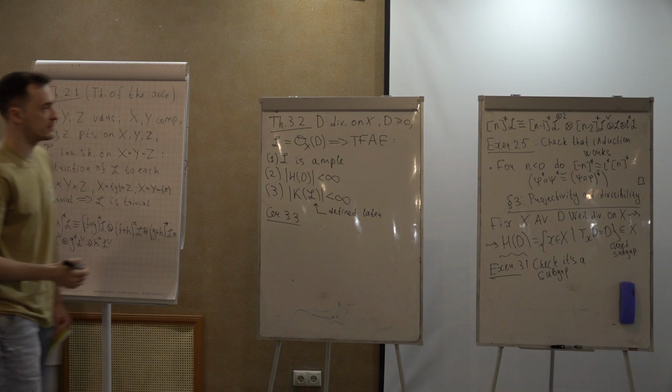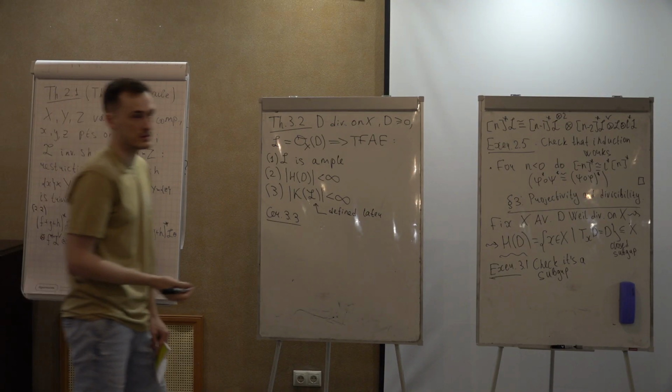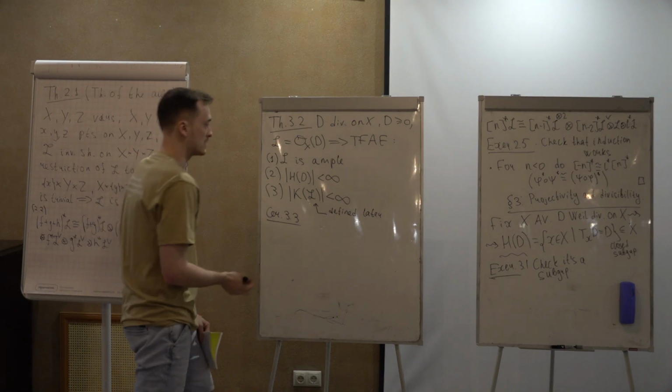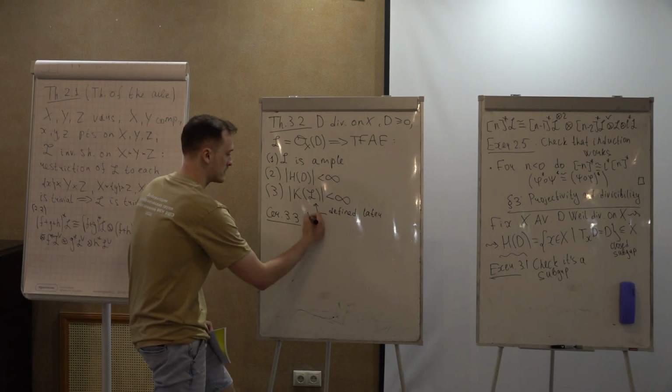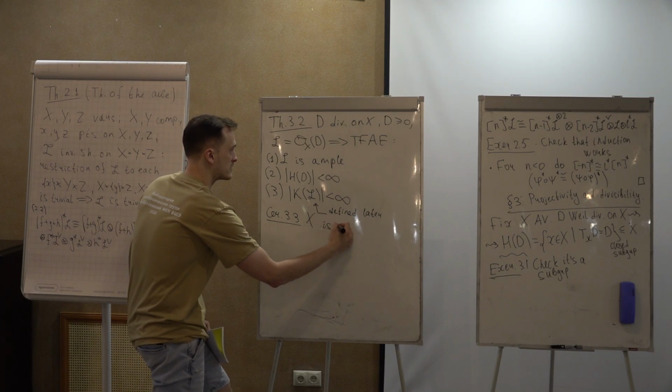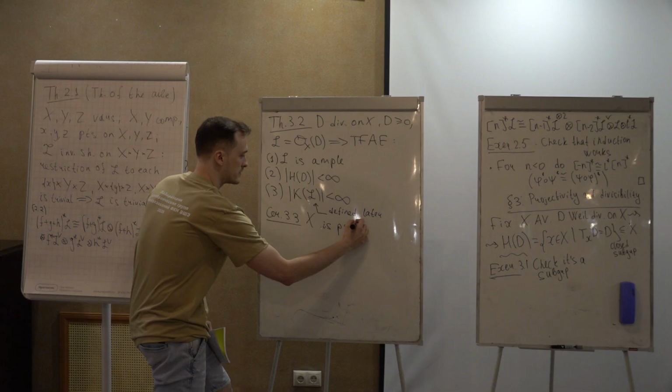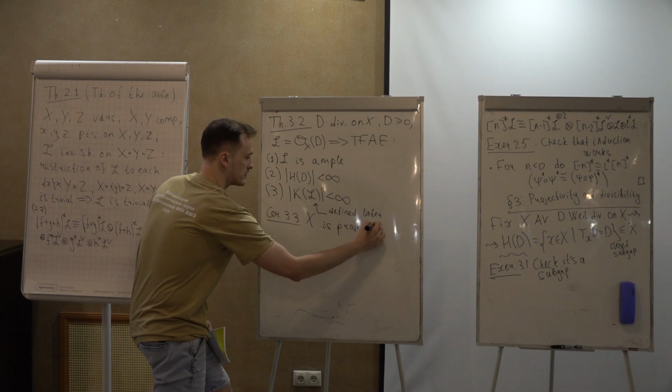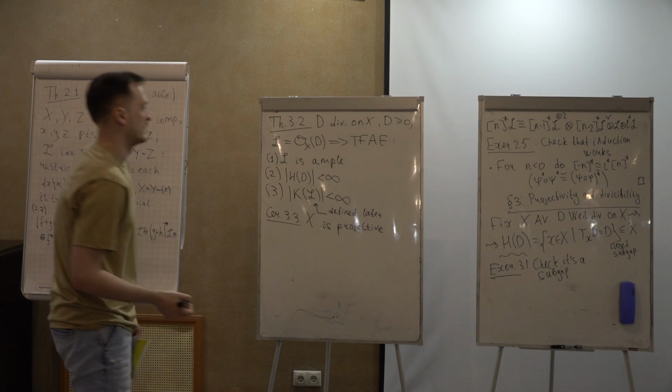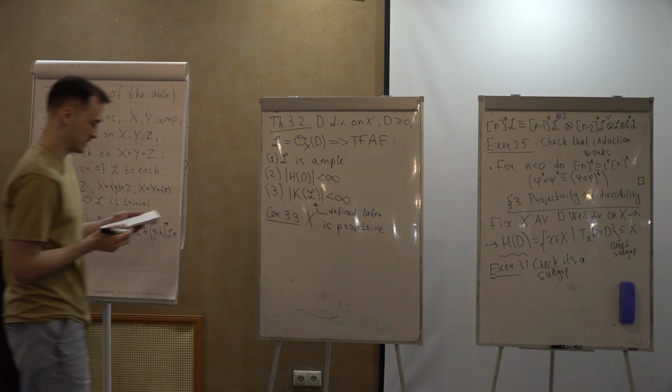What we can deduce from this theorem, of course, is that Abelian varieties are projective. So X is projective. Well, how do we prove this?